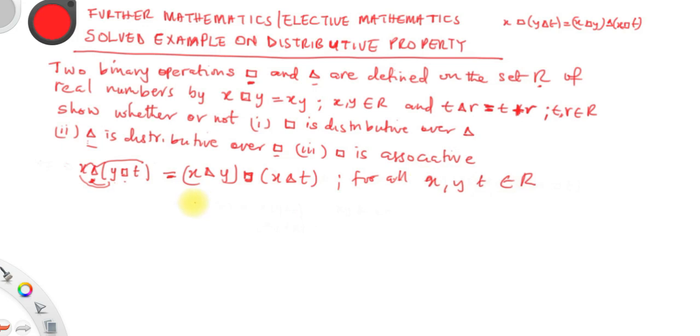Somebody can also say that the operation triangle is distributive over square if t triangle (x square r) is equal to (t triangle x) square (t triangle r), for t, x, r belonging to the set of real numbers.